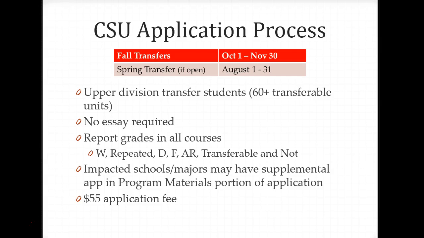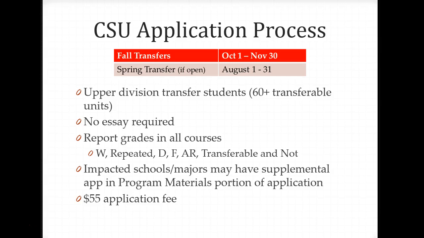There are some campuses that also do a supplemental in January. San Jose State does one, San Diego State, Cal Poly San Luis, Long Beach. So you want to make sure that you're watching your portal to see which campuses need what.